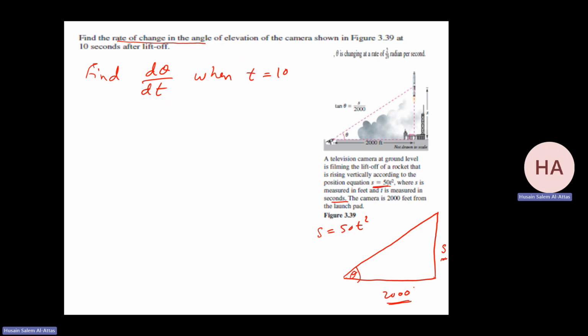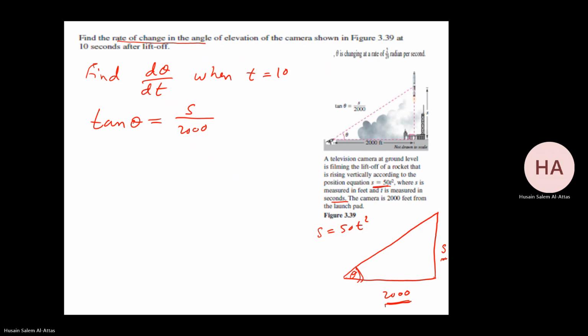So you want to relate the S with the 2,000 and the angle. I have the opposite and the adjacent. The good formula for that, I can take tan theta equals S over 2,000.